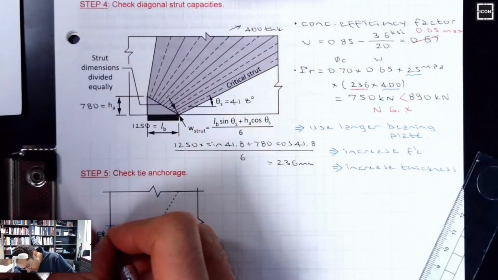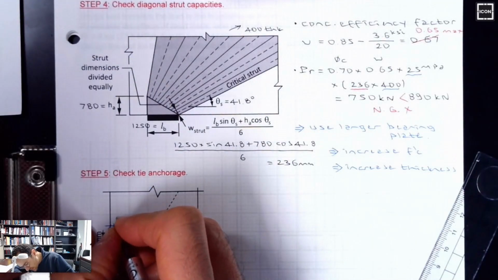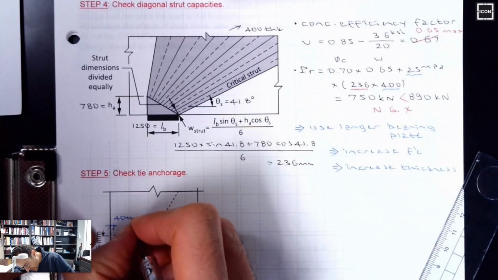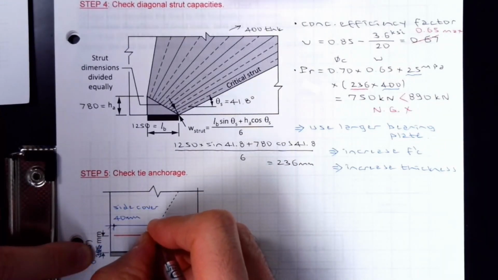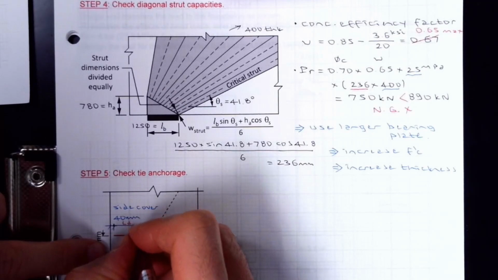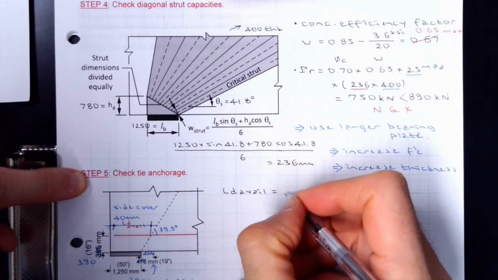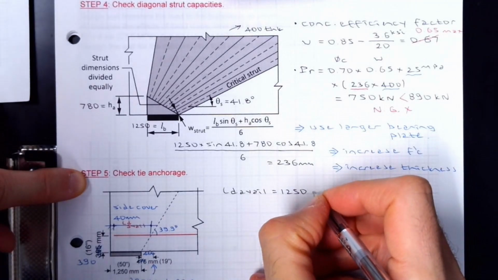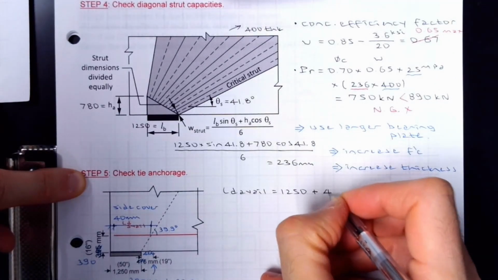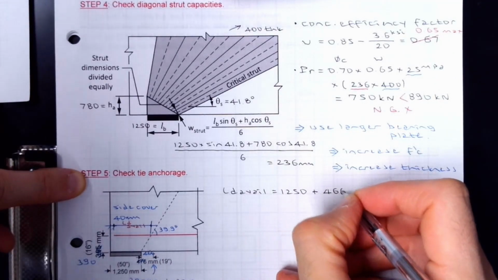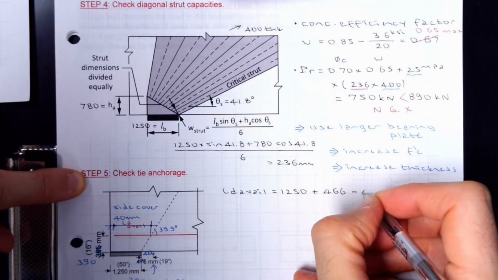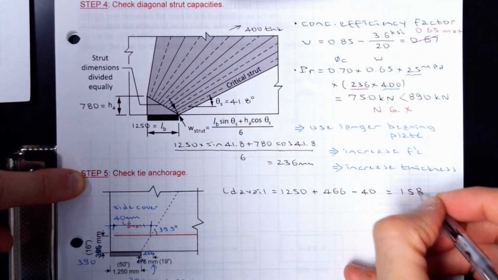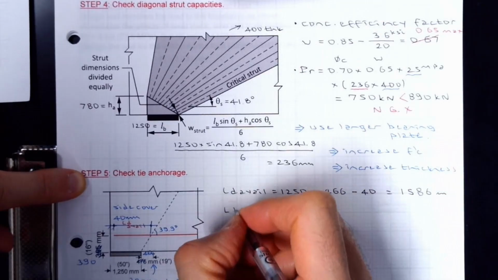Edge cover was the same as before. I think it's close to 2 inches, which is 40 millimeter side cover. So this distance, LD available, length available for development, would be 1250, that's the bearing plate size, plus 466 minus 40, 1586 millimeter.